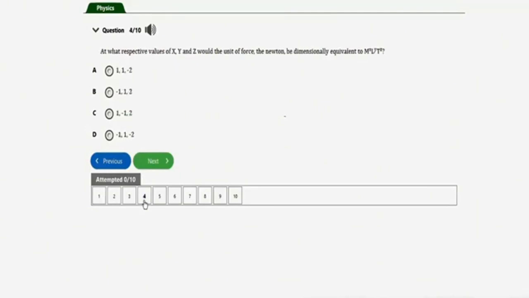It says, at what respective values of x, y, and z would the unit of force, the Newton, be dimensionally equivalent to this? Okay, so all you need is the dimension of force.